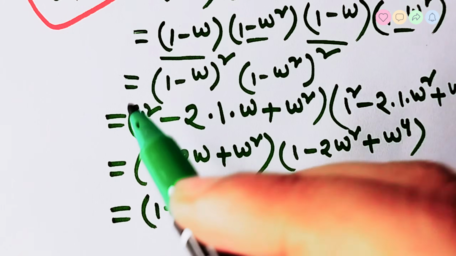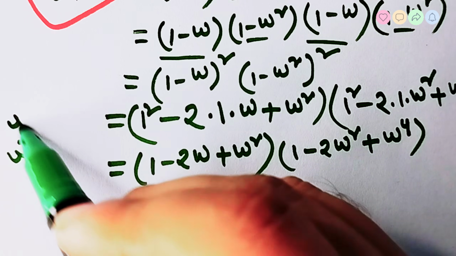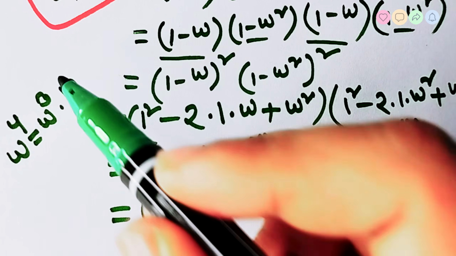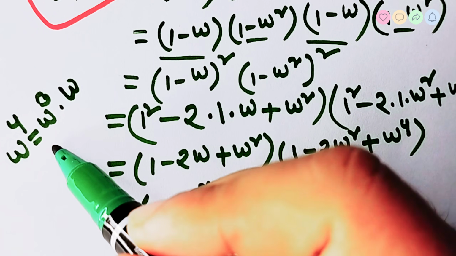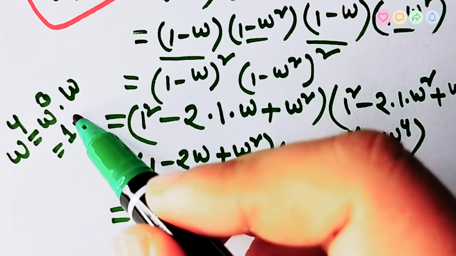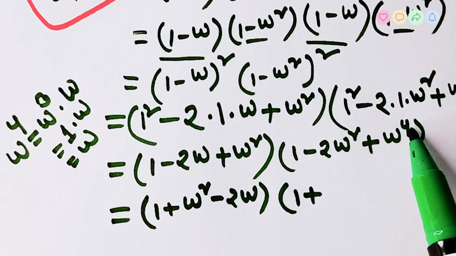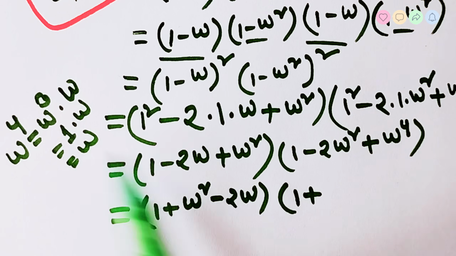Omega to the power 4 means omega to the power cube times omega. Omega to the power cube means 1, and 1 times omega is omega. So we can write 1 plus omega.